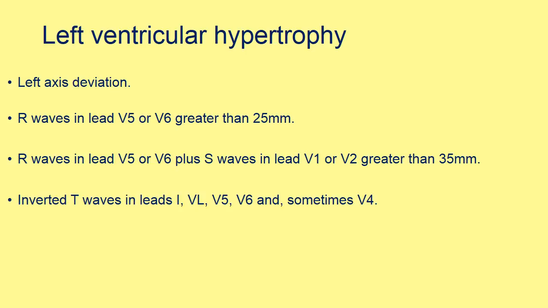Because the left ventricular leads are the ones that have the abnormal QRS, you have abnormal T waves in the lateral leads as well. And you could also sometimes get it in V4, because V4 is kind of halfway between the right ventricular leads and the left ventricular leads.